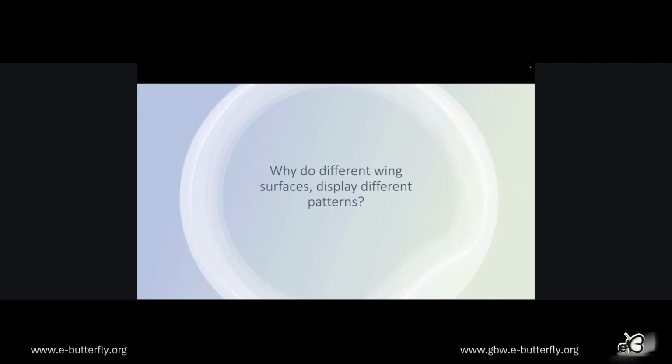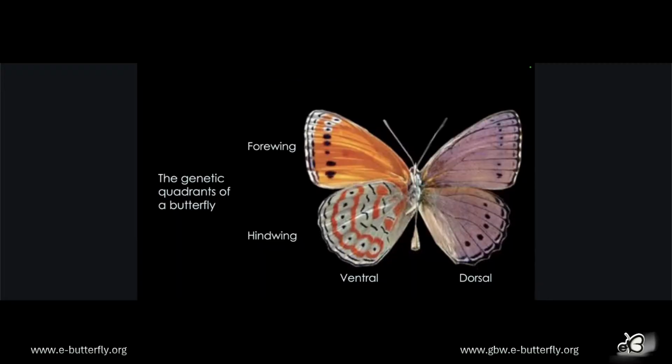But now I'm going to tell you about the modifications that happen to this generic wing program that allow different wings and different surfaces and different sexes to tweak it and to allow the butterfly to do different things with these different surfaces. So the butterfly has these different genetic quadrants.